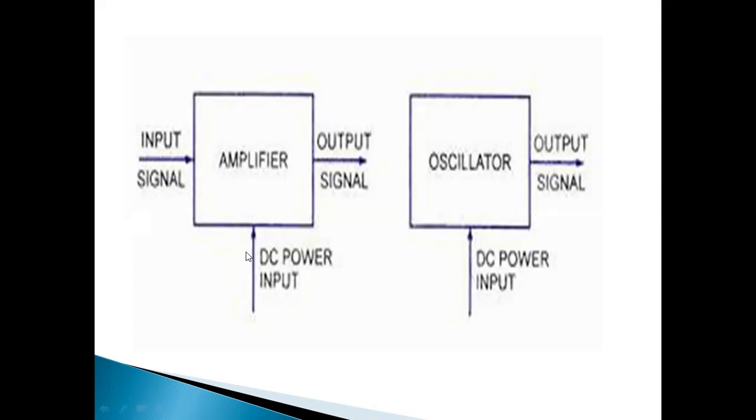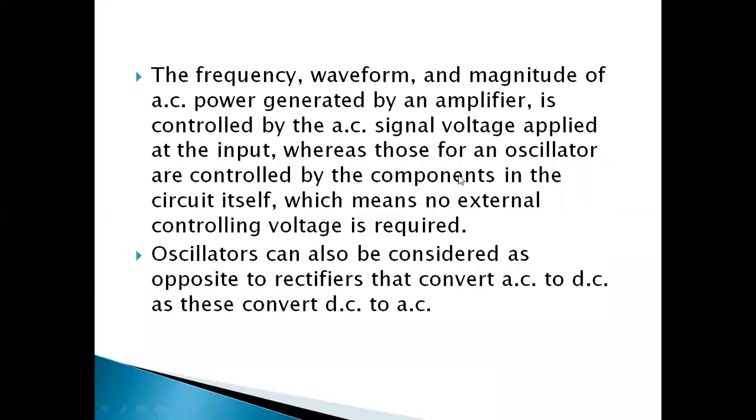So the amplifier amplifies the input AC signal. Whereas in the oscillator, we are not applying any AC input signal. Without giving any AC input signal, it can generate the output AC signal. That is the main difference between the amplifier and the oscillator.